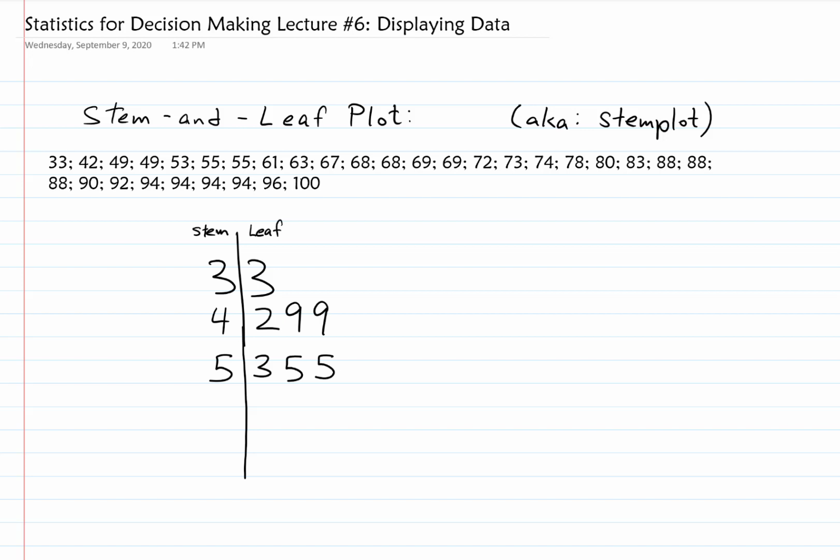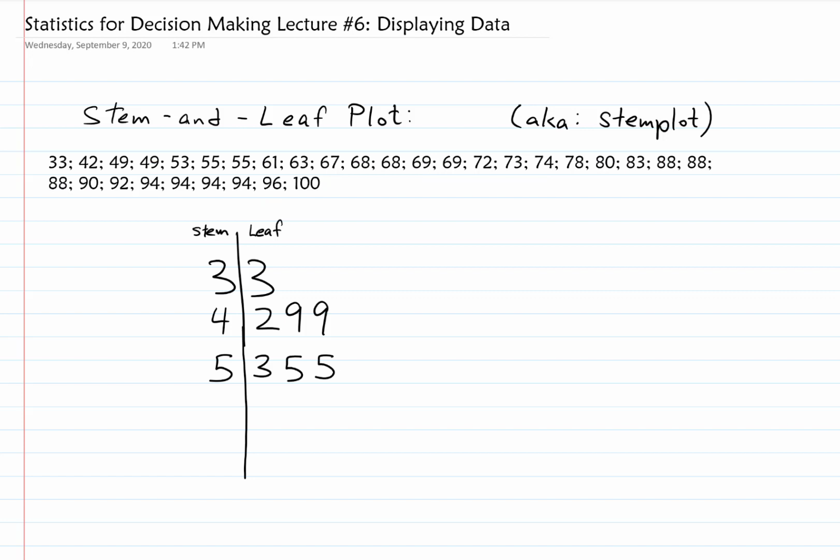Here's what's crucially important. The leaves need to be in order, smallest to largest, as you go left to right. The smallest leaves need to be closest to the stem. That's easy to do here because these numbers are already in order, and so it's very easy to make the stem plot in the correct order. But if that data was not in the correct order, you would have to be very careful and make sure that when you do your stem plot, you're doing it in order, smallest to largest.